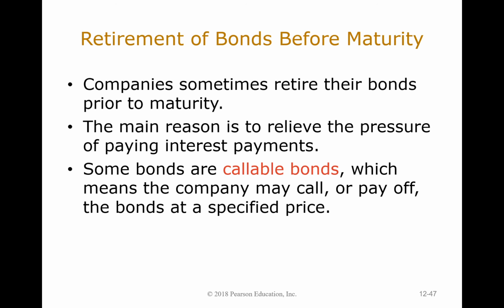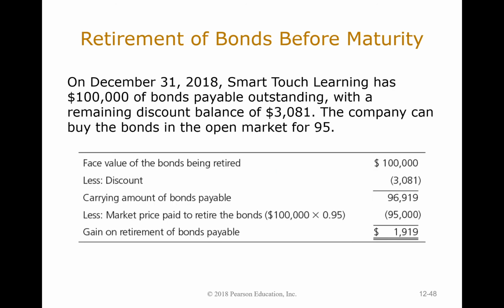If we retire before maturity, sometimes companies may do this because they don't want to keep paying those interest payments. And in many cases, we'll see these bonds called callable bonds, which means the company can call them back from the holders and pay them off at a specified price.